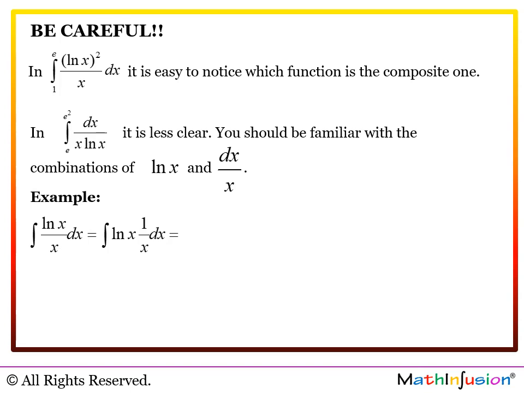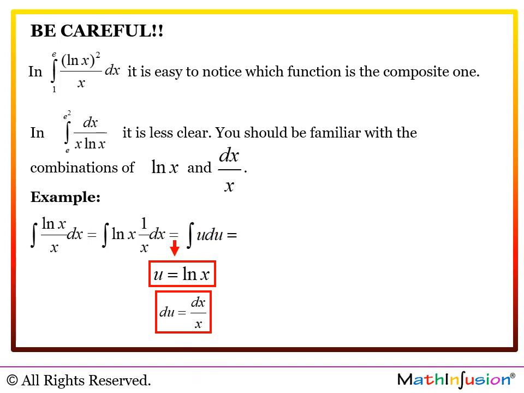So that's why you have to be familiar with the combination of the function ln of x and the differential dx over x. So dx over x is the differential of ln of x. And just because of that, you should know that in this case, the u has to be ln of x, and obviously du is dx over x.